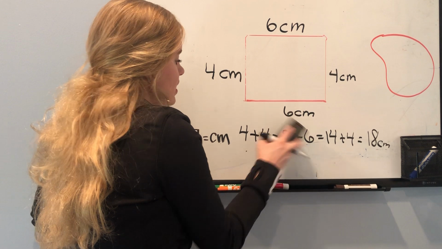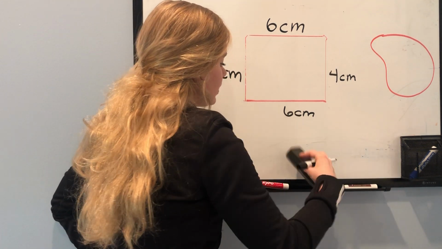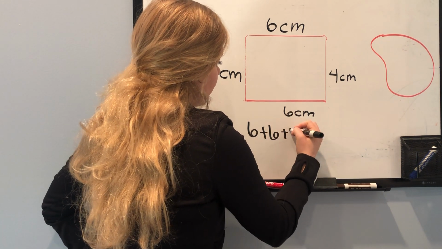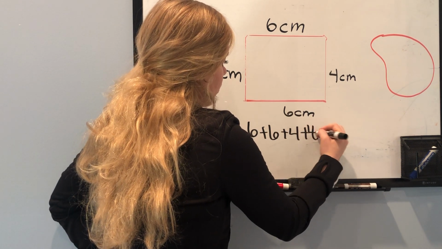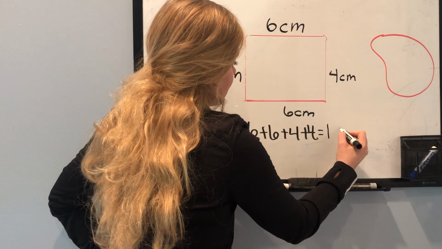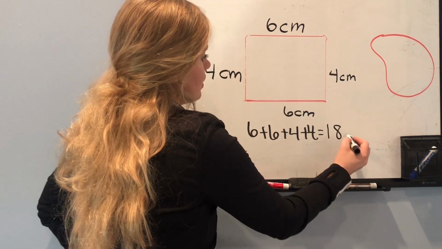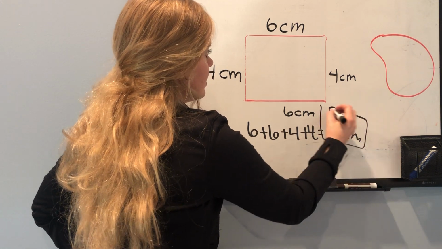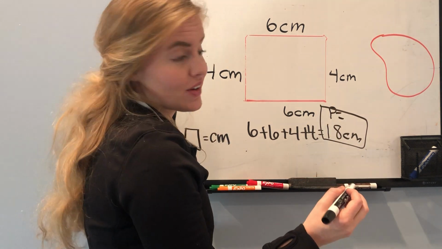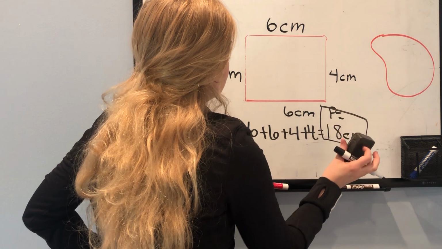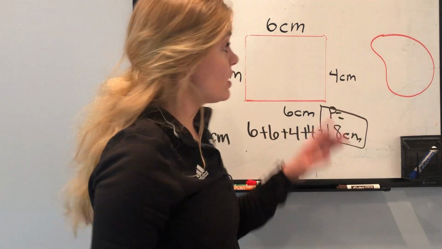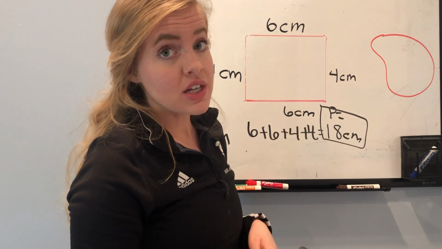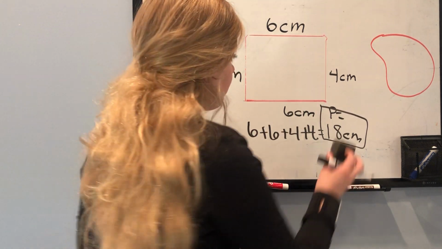Or, if you want to think of it easier so you don't get confused, 6 plus 6 plus 4 plus 4 equals 20. And we're just going to add the centimeters. So the perimeter equals 20 centimeters. Remember, all you're doing is adding side 1, side 2, side 3, and side 4 together to find the perimeter of a shape.